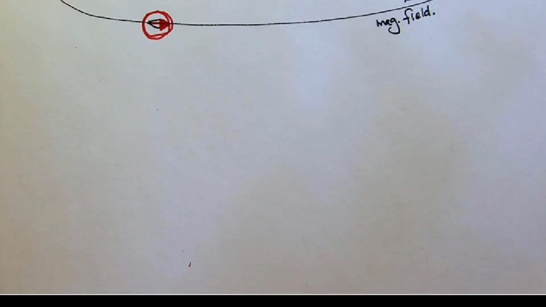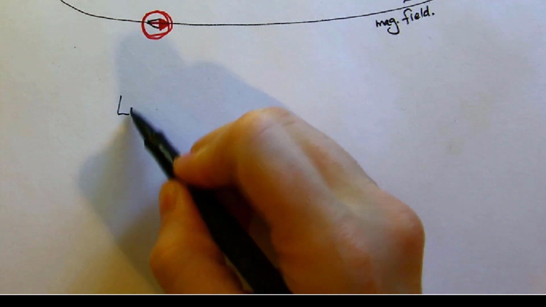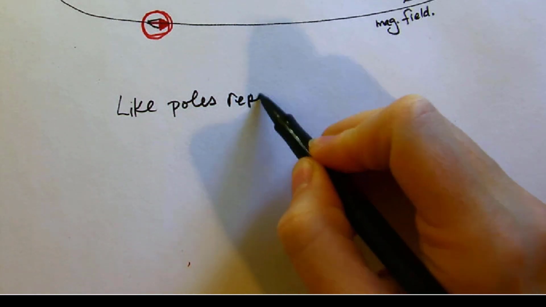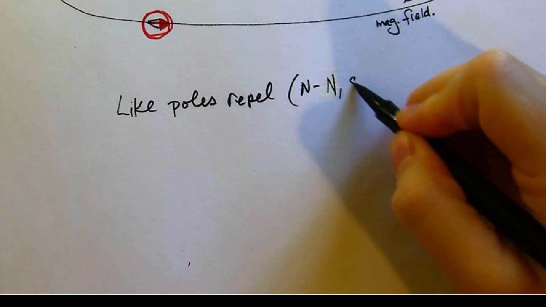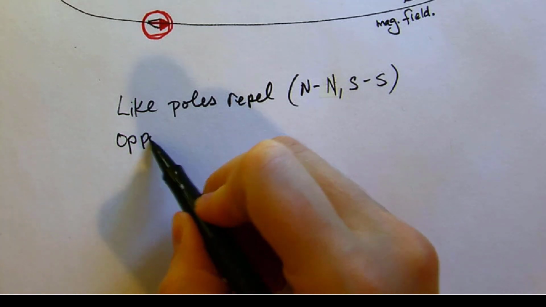What else should I write on here just to make sure you have some notes? Like poles repel. So that would be north by north or south by south. Opposite poles attract.